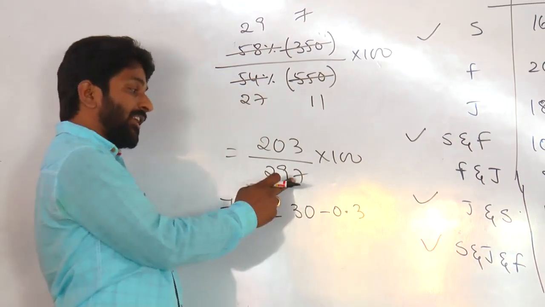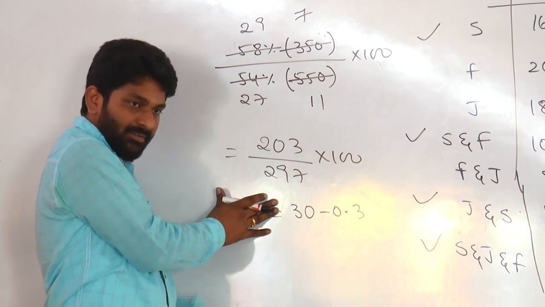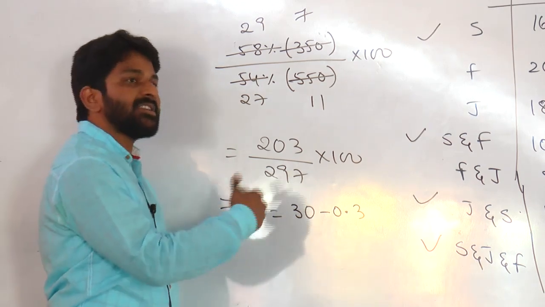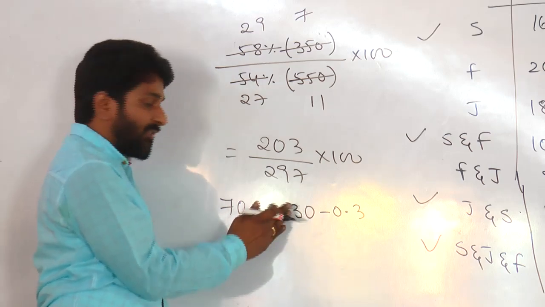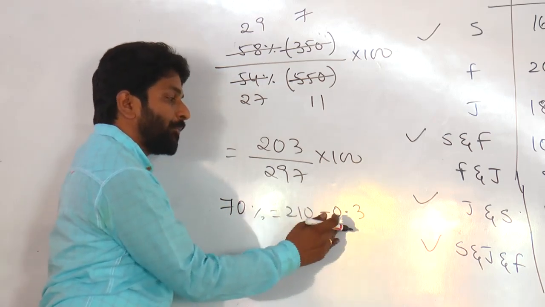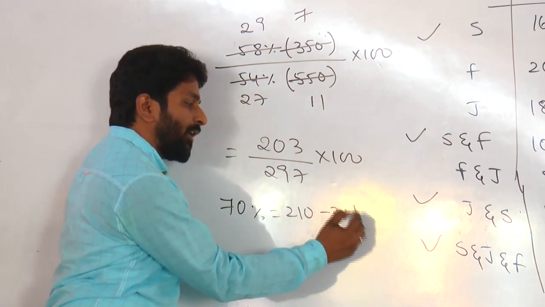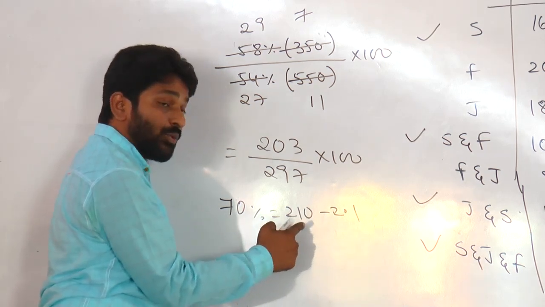I will look at 10% as 30 minus 0.3. Now we need to calculate 70%, in the sense into 7. 30 into 7 is 210, 0.3 into 7 is 2.1. So you need to subtract 2.1 here. That will be 207.9.